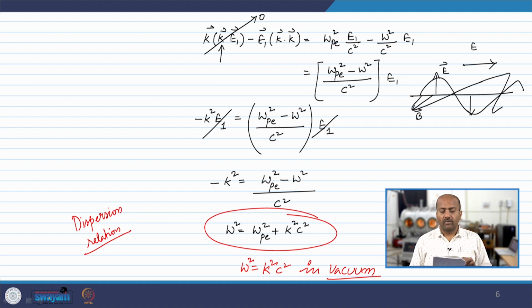Which is perfectly valid. We know why. Omega by k, or the speed itself, becomes the speed of light. Now, if we evaluate the phase velocity from this expression, Vp is omega by k.